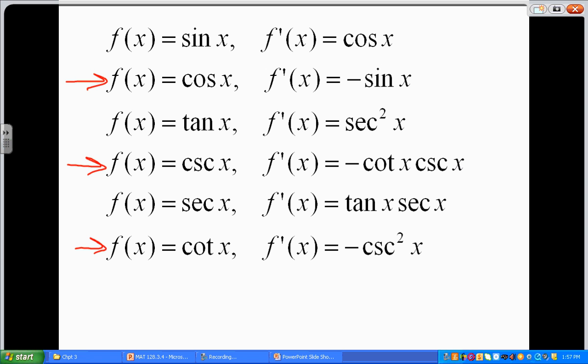Okay? You know what this does? This brings up a whole new level of problem that you can find the equation of tangent lines to. You could go back like you did a year ago and find the value for the cosecant of pi over 4, the tangent of pi over 3. You can find all those x and y values just like you did a year ago on the unit circle.